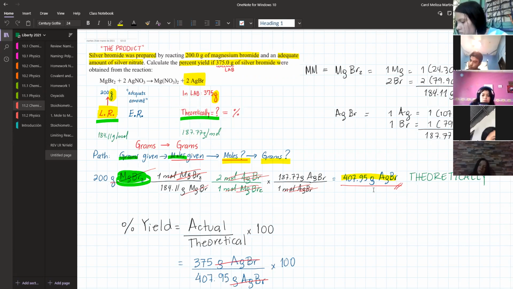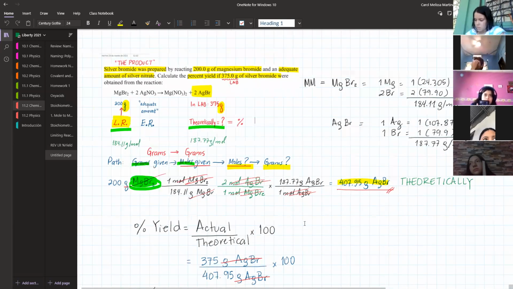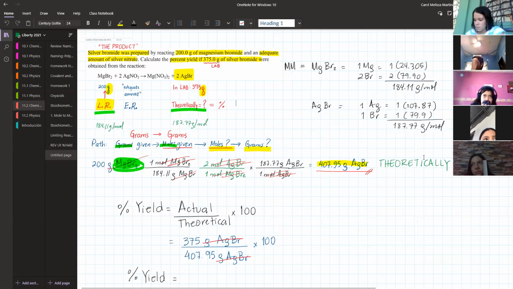How much is this? 91.92%. That means that the reaction that you did in the lab was almost 92% effective.